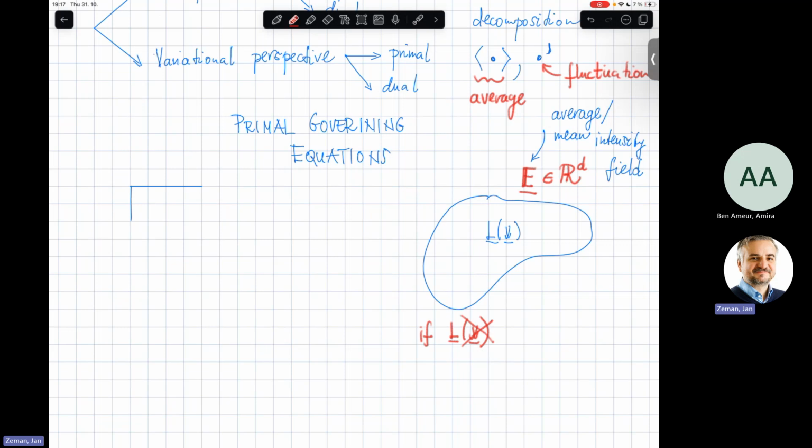So if L is x independent, meaning that the body is homogeneous, not heterogeneous, but the opposite, then indeed the solution of my primal problem is E, right?